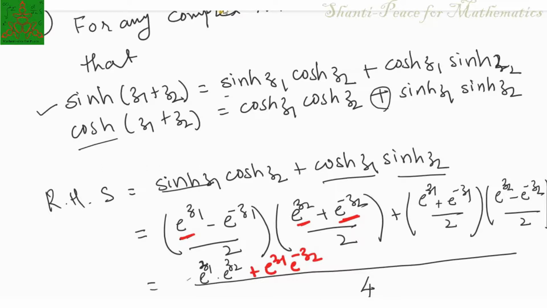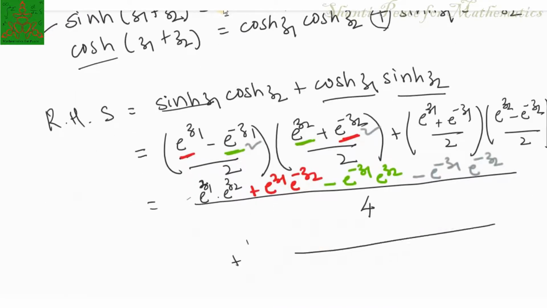Now e power minus z1 will multiply to e power z2, so that is minus e power minus z1 e power z2, and this e power minus z1 is multiplied to e power minus z2, so that is again a minus e power minus z1 into e power minus z2.